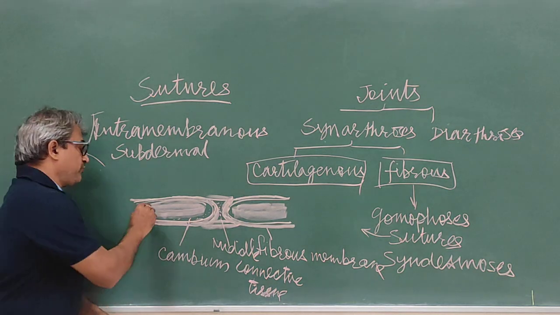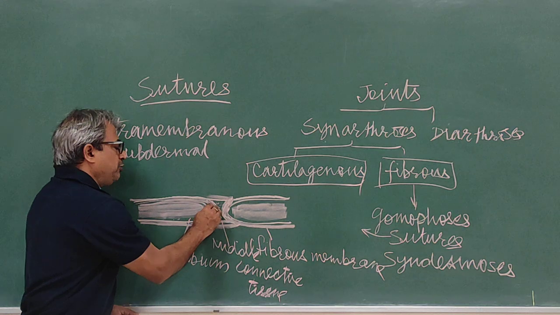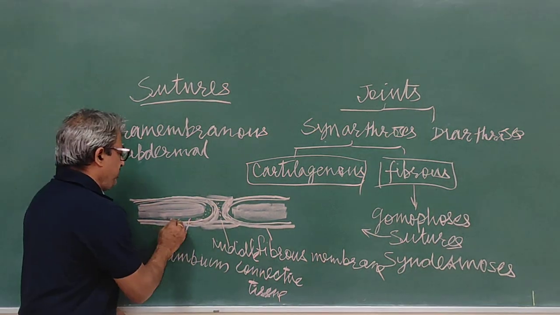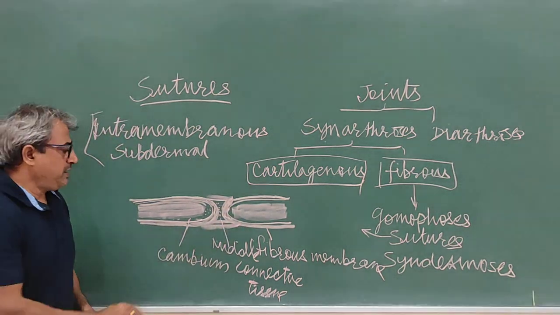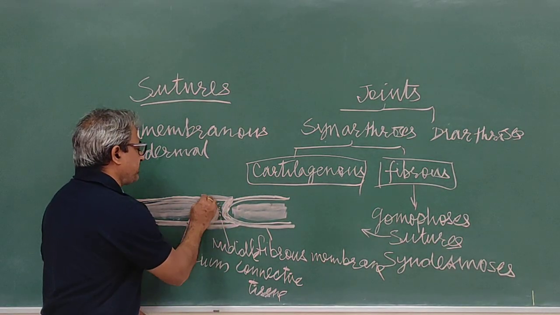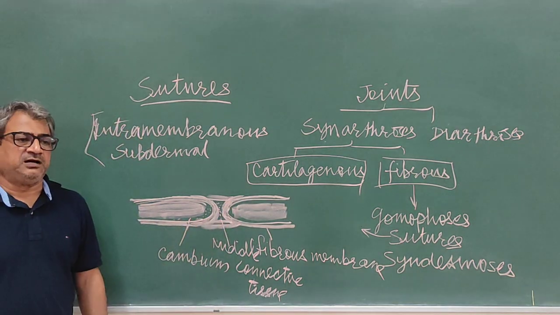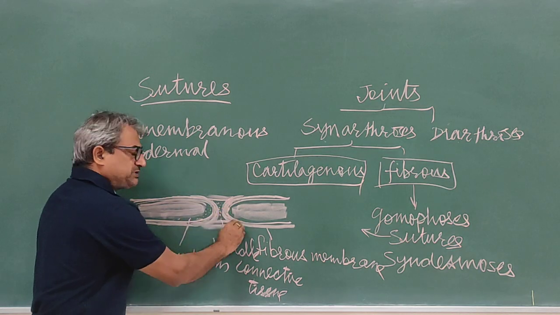So what we have is a developing bone, surrounded by a loose cambium. It's again a bony tissue basically, and having a fibrous layer all around it, and that fibrous layer connects with the periosteum of the bone and continues between the two bones, right?